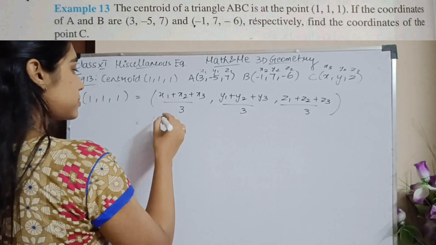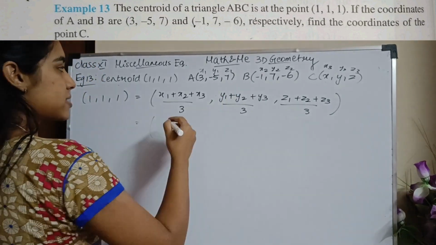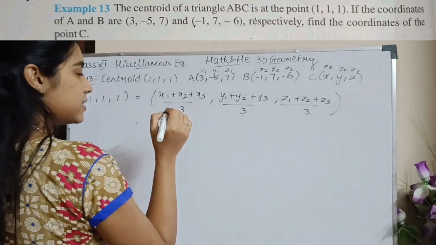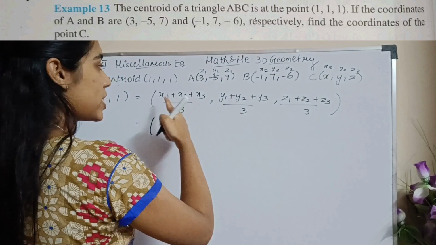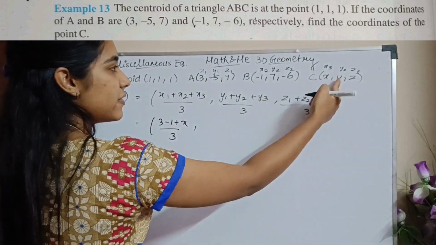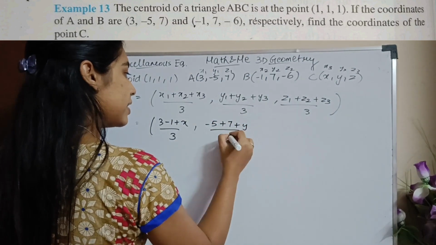So what do I have? For x: 3 minus 1 plus x divided by 3. For y: minus 5 plus 7 plus y divided by 3.